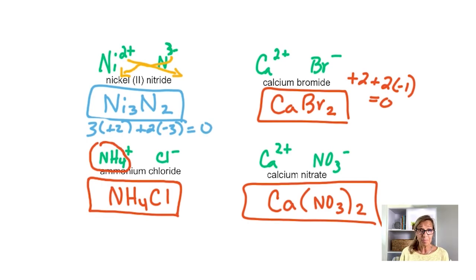So what we're doing is we're balancing the charges until we get the total charge of the compound to add up to 0. Now look, this takes a lot of practice. Don't be discouraged. Go through it step by step. And then the last thing, look at your compound and make sure that you don't have any charges in your final formula of your ionic compound.